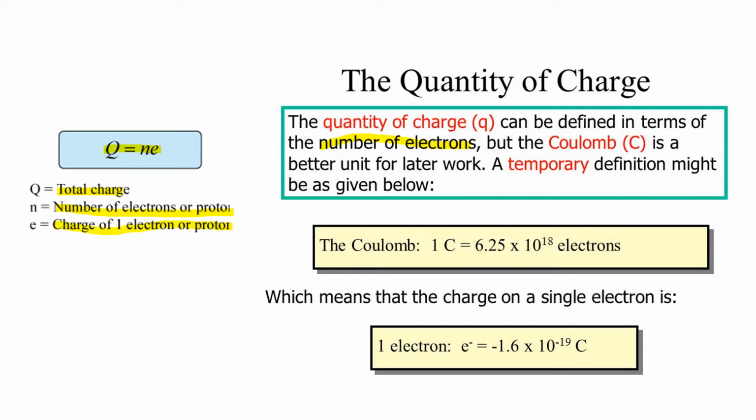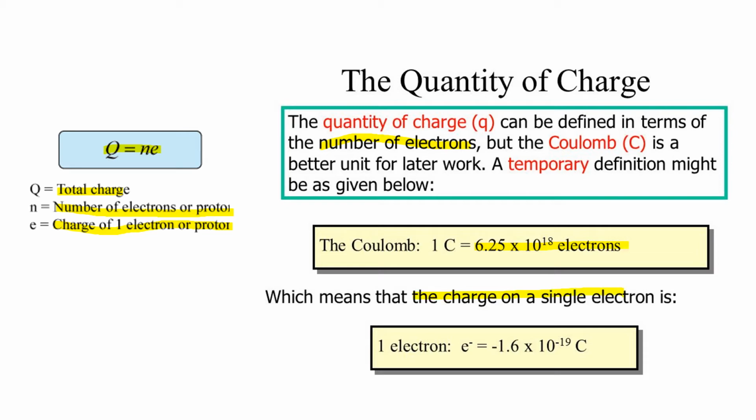The calculated value that comes around is 6.25 into 10 to the power 18 electrons. That means 1 coulomb of charge is equal to 6.25 into 10 to the power 18 electrons. Now the question is, what is the charge on a single electron?